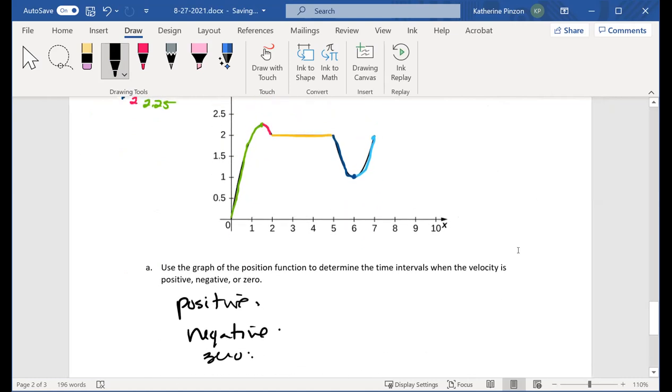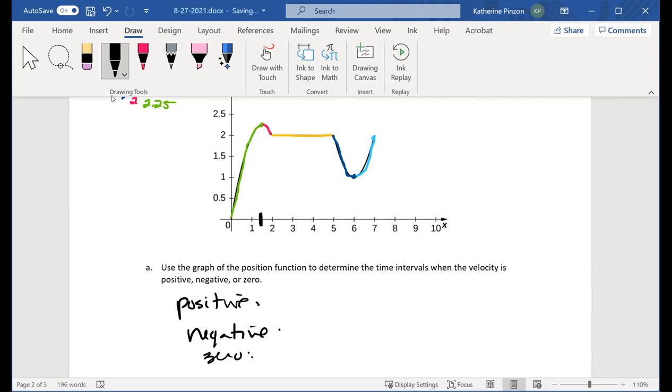Okay, where did we say the velocity of this dude is positive? When is this guy moving forward? In the green section, from 0 to like 1.5, right?